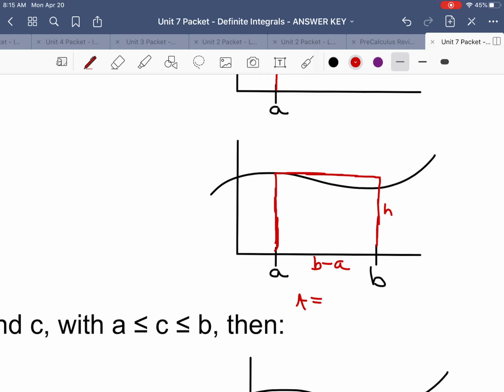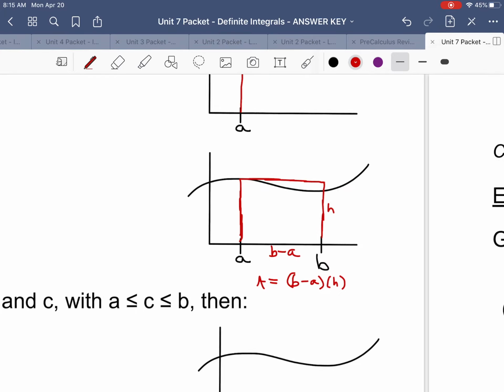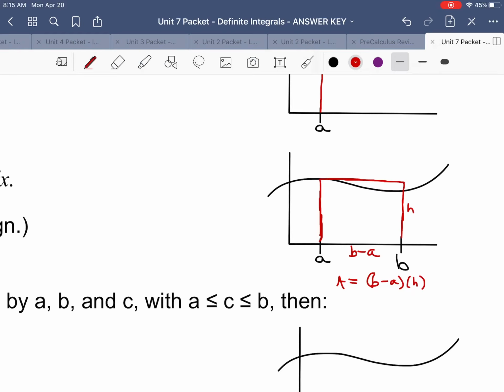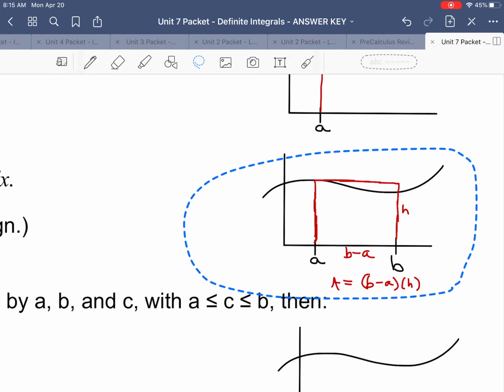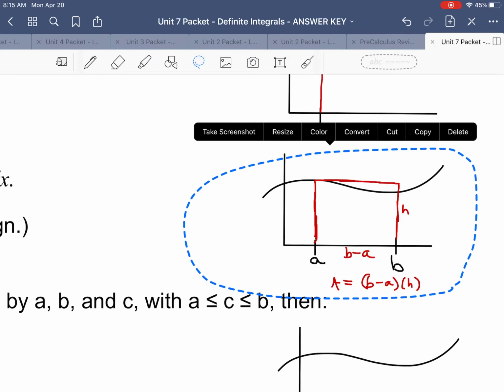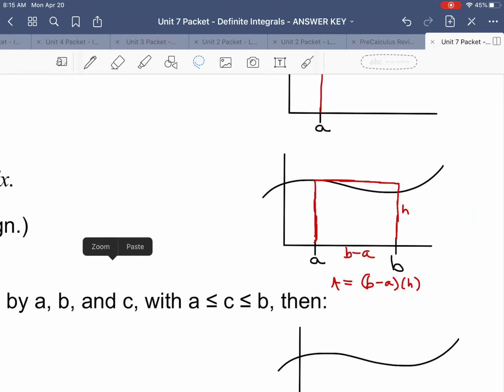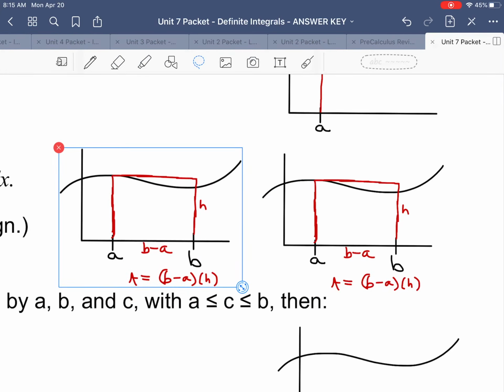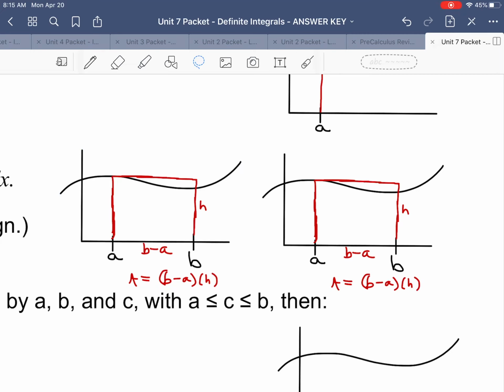So the area would be b minus a times h. Fairly simple. Now, if I were to go the other way, let me draw a new diagram. Same height, but now I'm going to swap the bounds of integration.